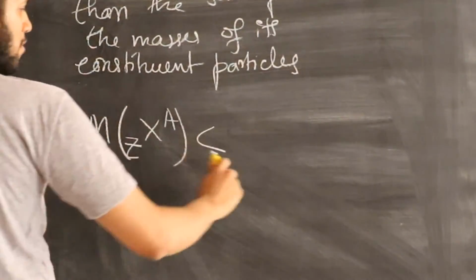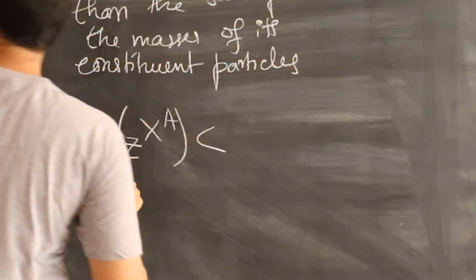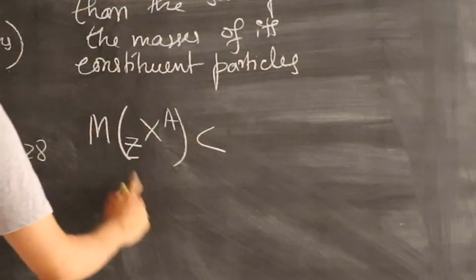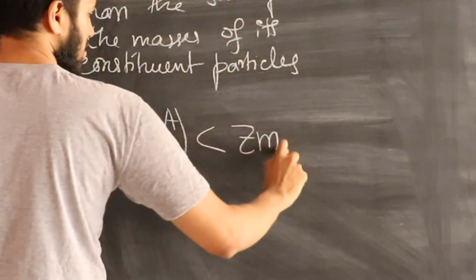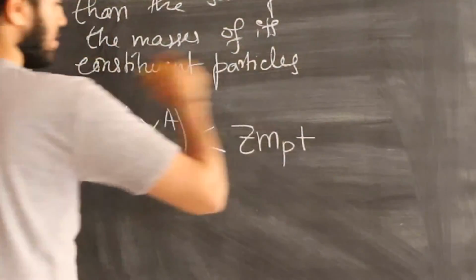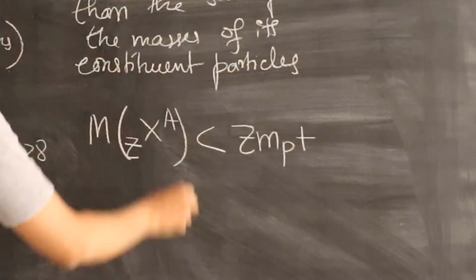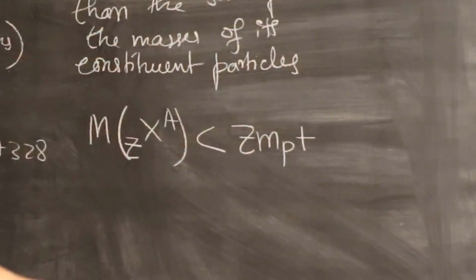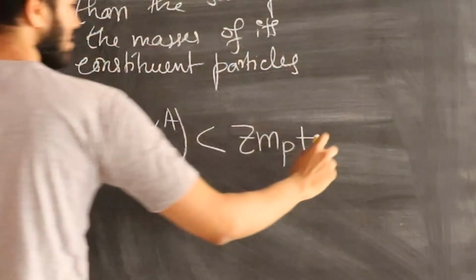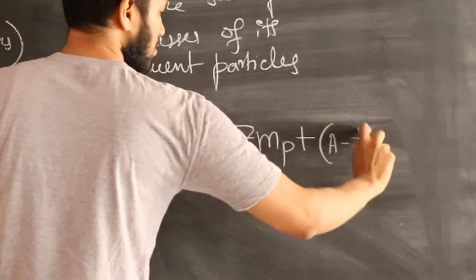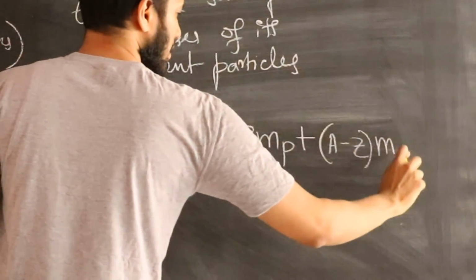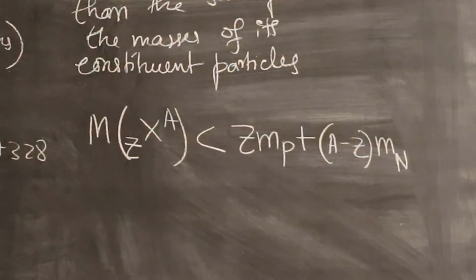So what is the total mass of the protons? Well, there are Z protons, and each proton has a mass M_P, so it's Z times M_P, plus, how many neutrons do we have? Well, we have a total of A particles. You remove Z protons, the remaining are neutrons, so you have A minus Z neutrons multiplied by the mass of each neutron.